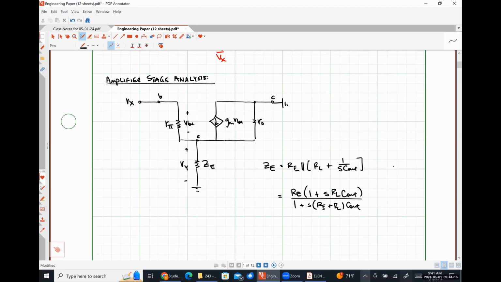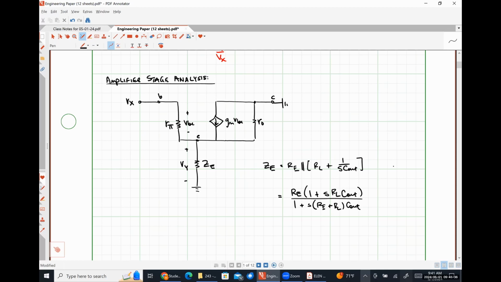So this to me looks pretty much like the standard common collector amplifier configuration, except that everywhere that we would have had RE. Let's notice something here.